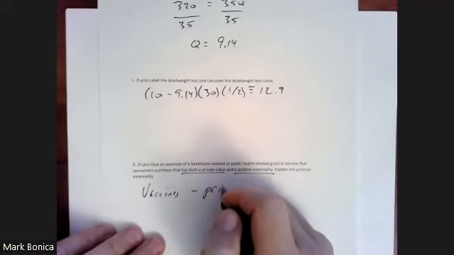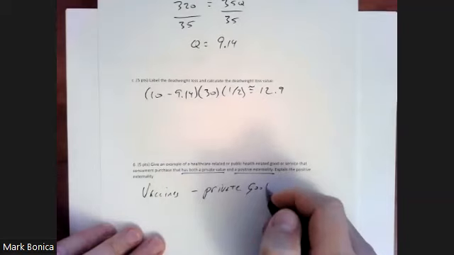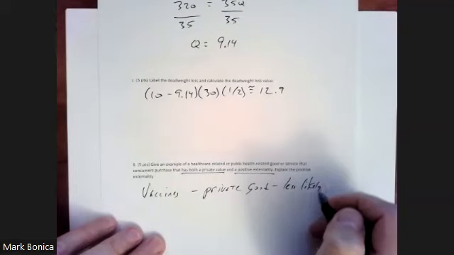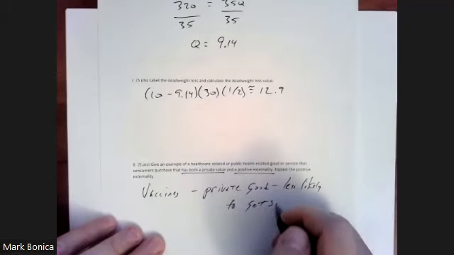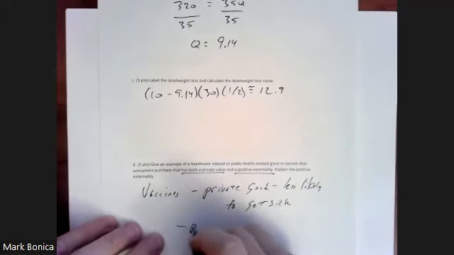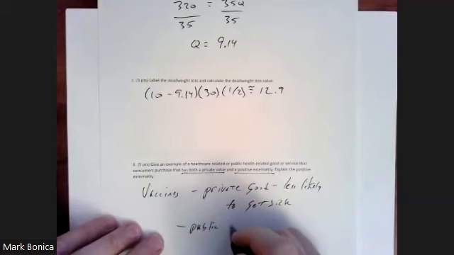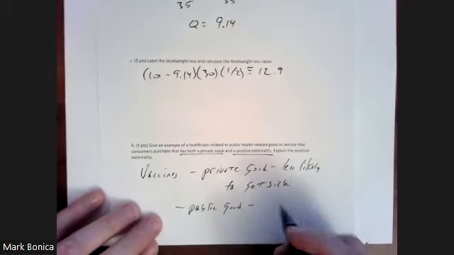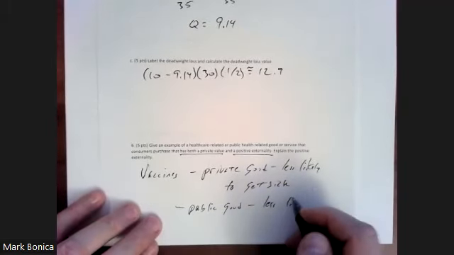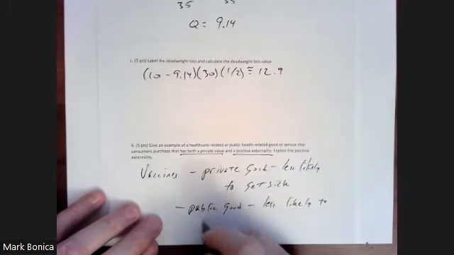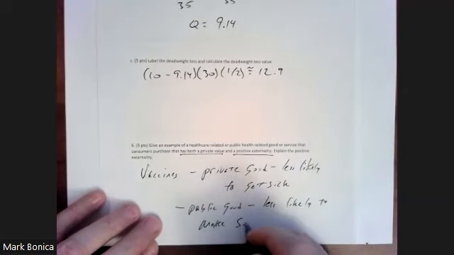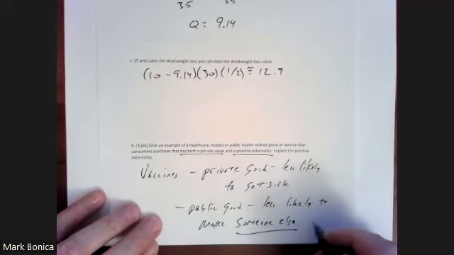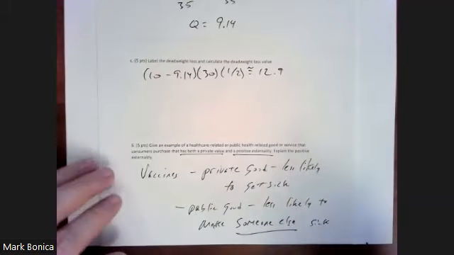The private good is you're less likely to get sick, and the public good or social good, which is the positive externality, is you are less likely to make someone else sick. Right? That's all I was looking for there.